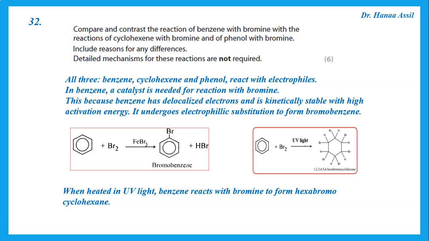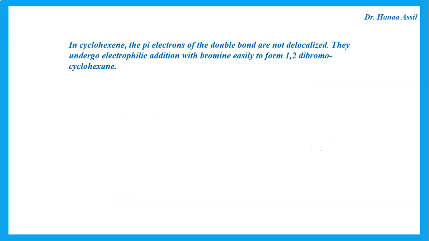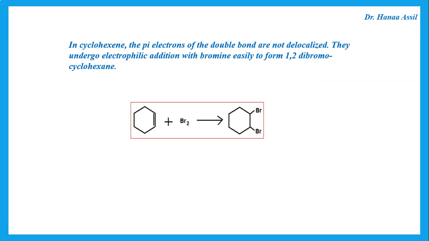We said if we have benzene in UV light, the benzene forms a species in which we add bromine to each of the carbons to form hexabromocyclohexane.